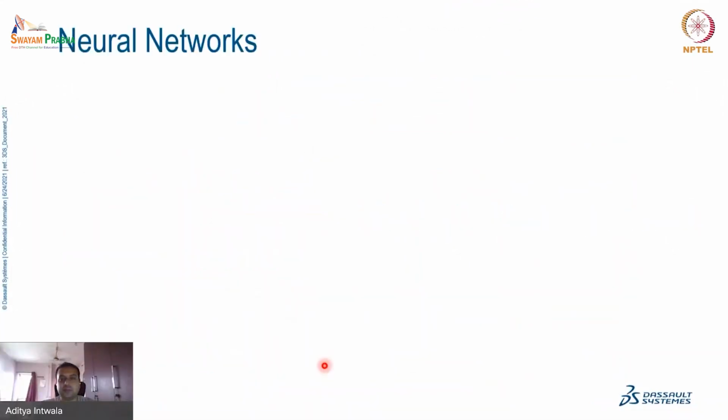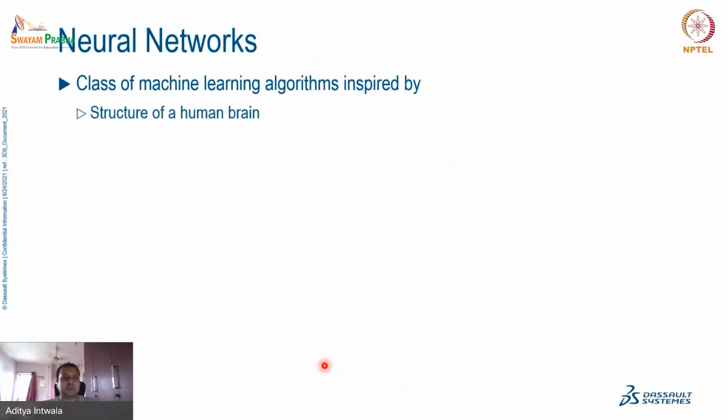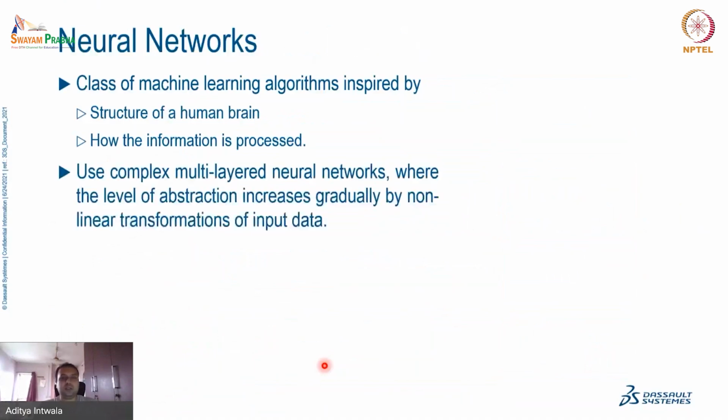So, introduction to deep learning. So, what are neural networks? Those are a class of algorithms inspired by the structure of the human brain and how information is processed. It uses multiple layers to process the information, same as in our human brain.